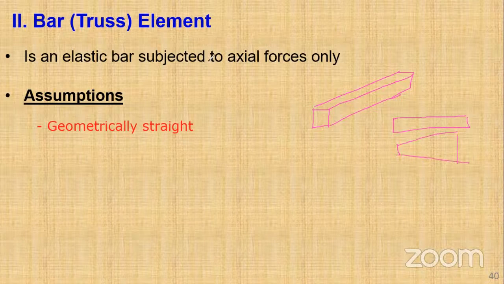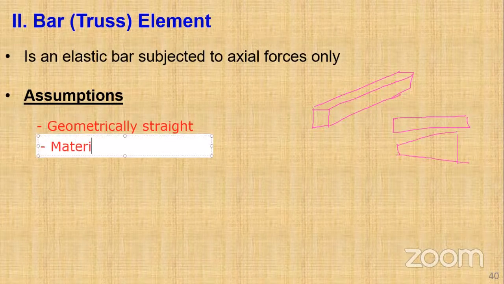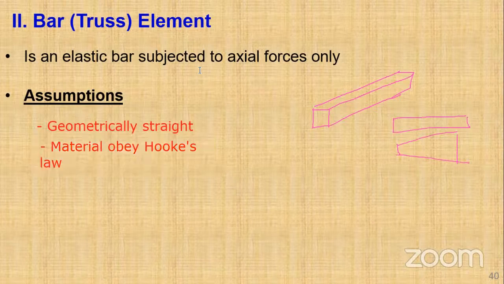The second assumption that we have is that the material obeys Hooke's law. So in essence, the fundamental equation for the finite element applies even in this case. This material for the bar will obey Hooke's law, which of course we all know is F equals K times delta.